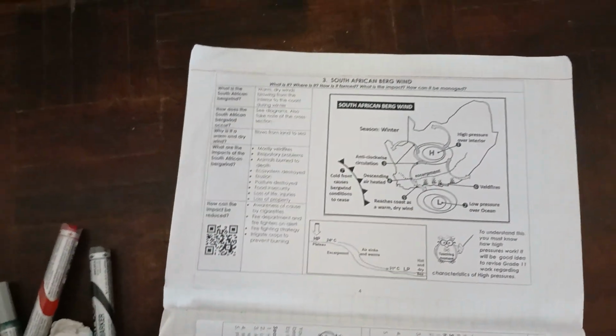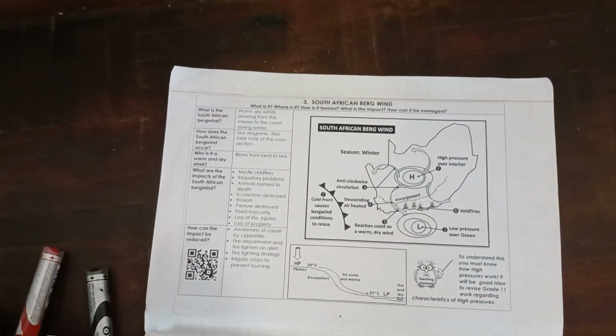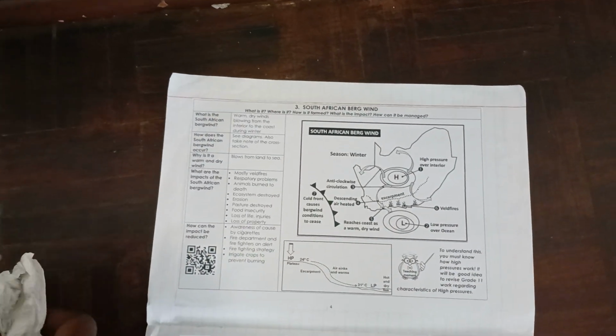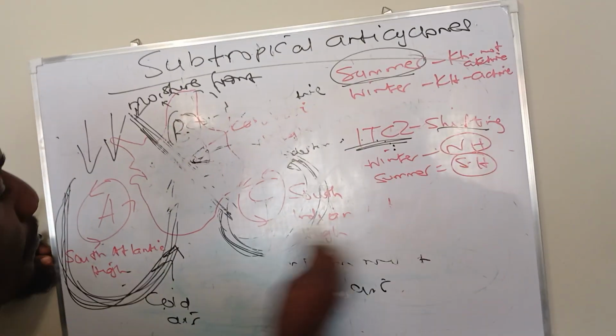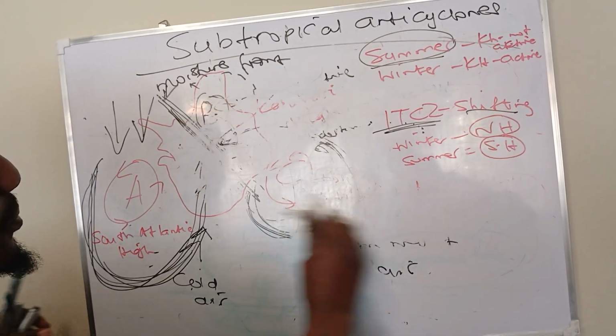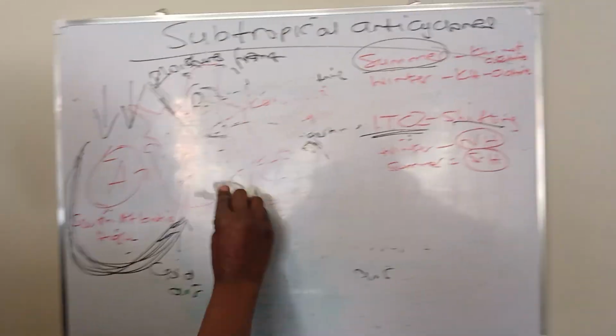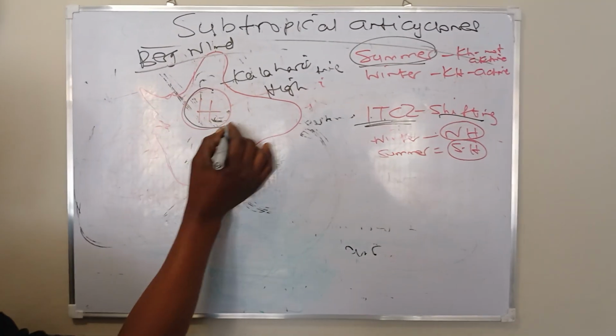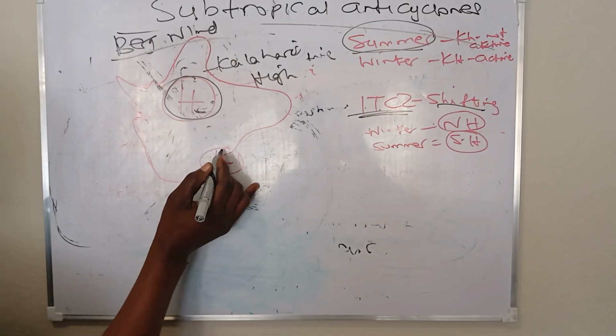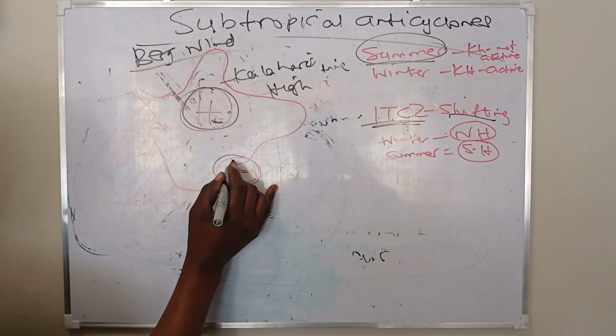I'm going to draw a diagram so that I can explain it in a more understandable manner. This is our Kalahari High. We get it in the interior. This is our coastal low.